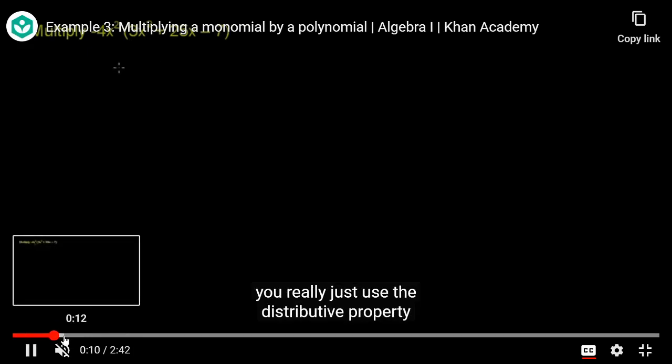And basically all we're doing is distribution. So he shows the first distribution, the second, and the third. The first distribution he shows is negative 4x squared times 3x squared. So based on what we just did in the area model, I want you guys to think about what that would be. So what is negative 4x squared times 3x squared? What number are we going to have in front for that one?